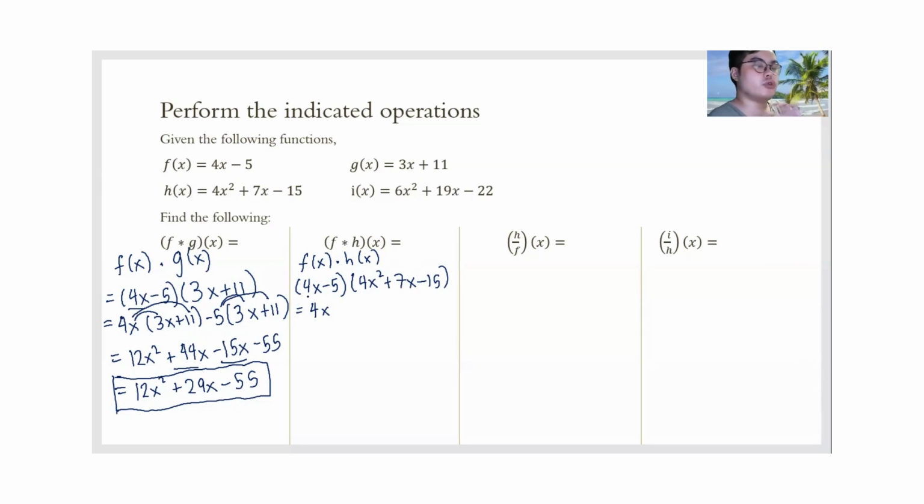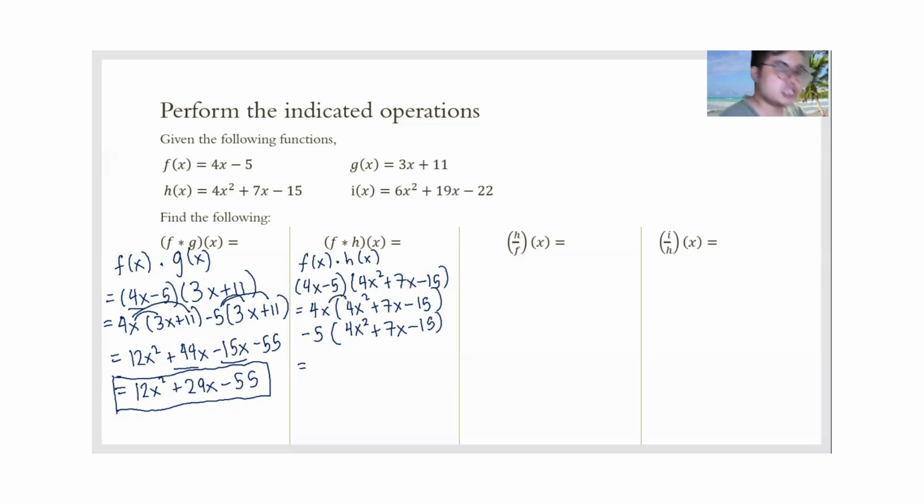We use the first term of the first group, which is 4x, and multiply it with the second group. Then for the second round, negative 5, the last term of the first group, will be used to multiply with the second group.